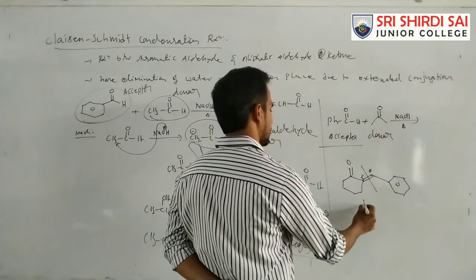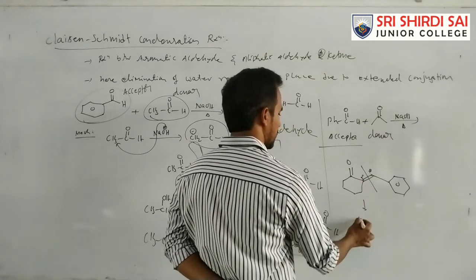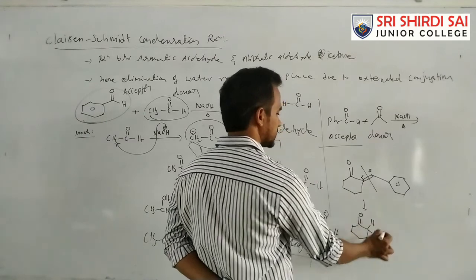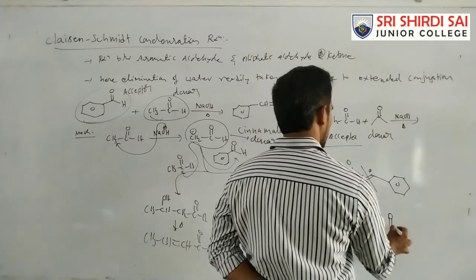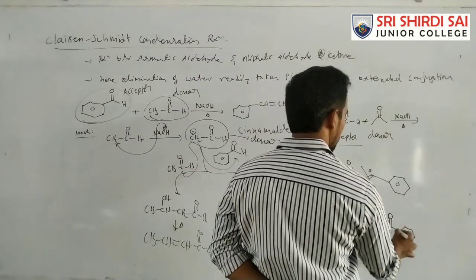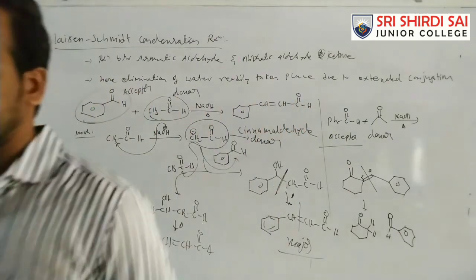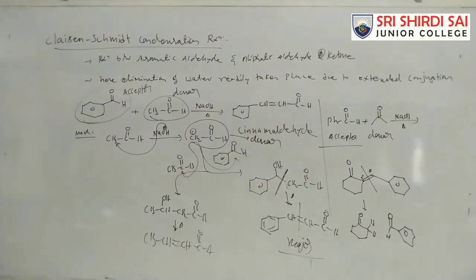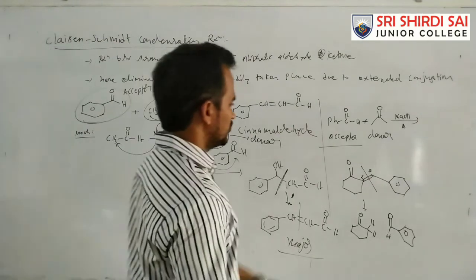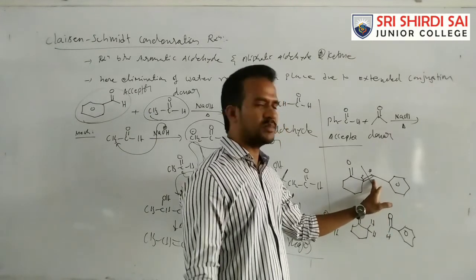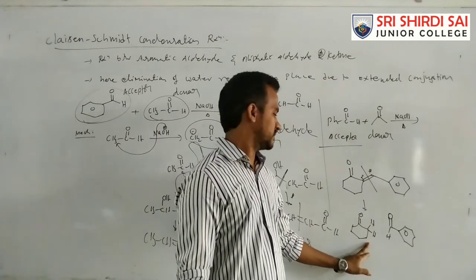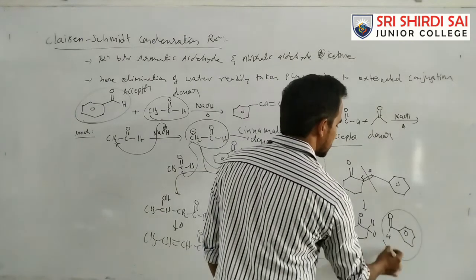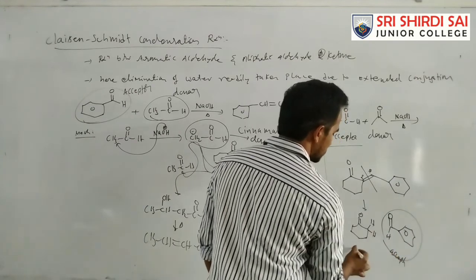On cutting, we get C double bond, two hydrogens, C double bond O, two hydrogens, and next here double bond O. Oxygen is written on the beta position, and two hydrogens on the alpha carbon. So this is the acceptor, and this is the donor. Why is it the donor?